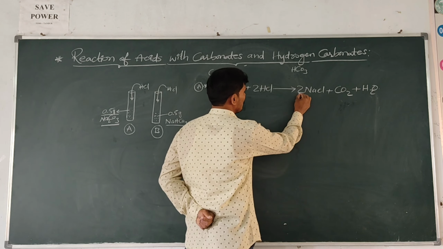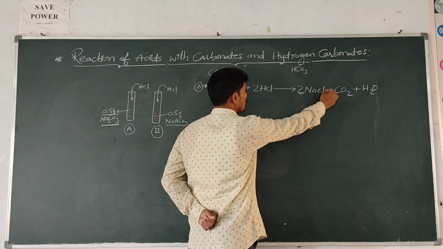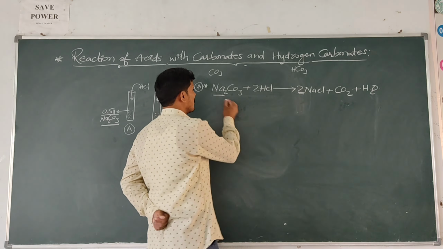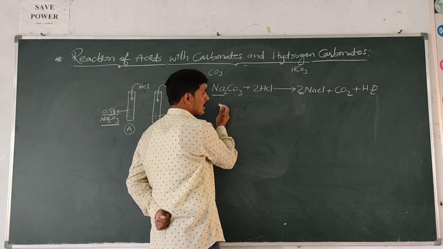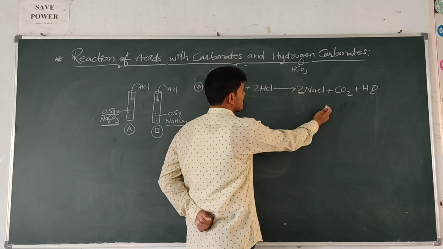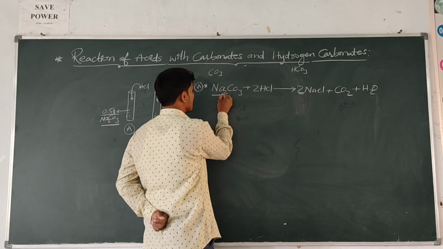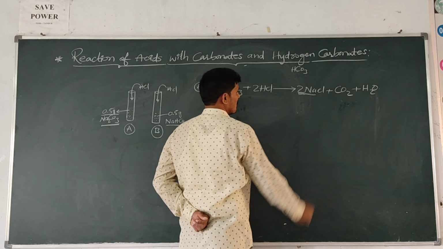Here this 2 is called a coefficient. It applies to all elements present in the chemical compound. Sodiums on the left side of the arrow mark are called reactants, and the right side of the arrow mark is called products. Here 2 sodiums are there, and here also these 2 sodiums are present.